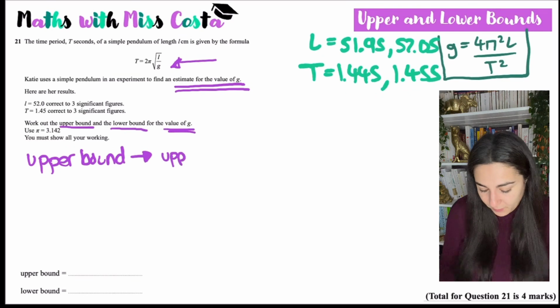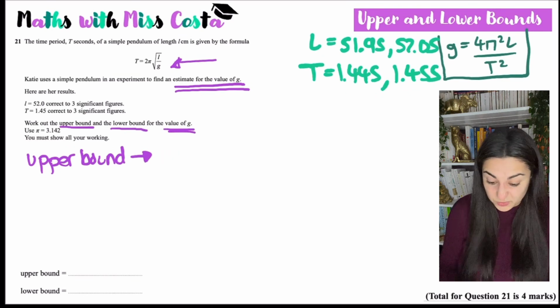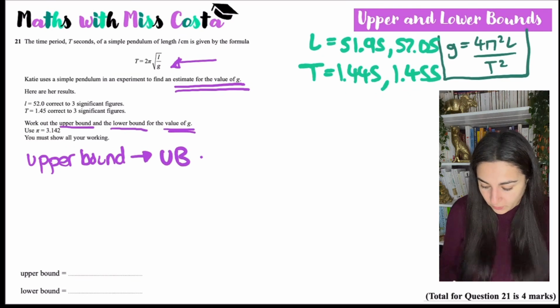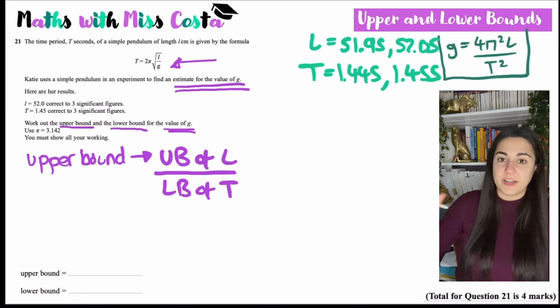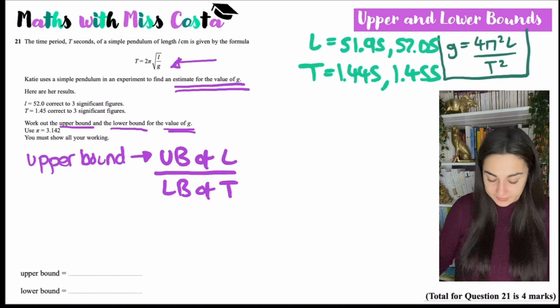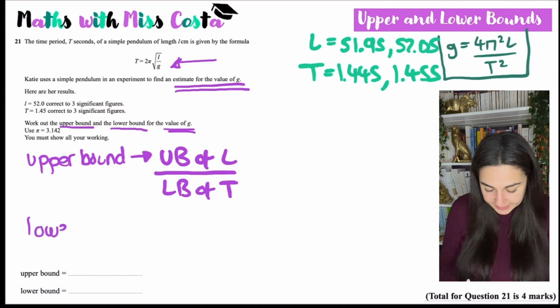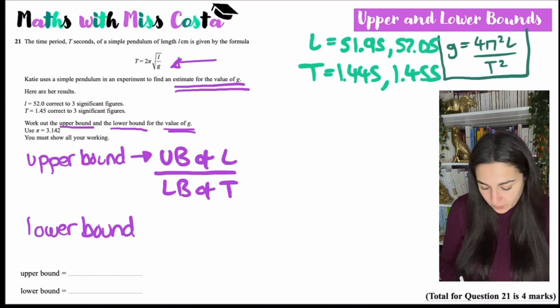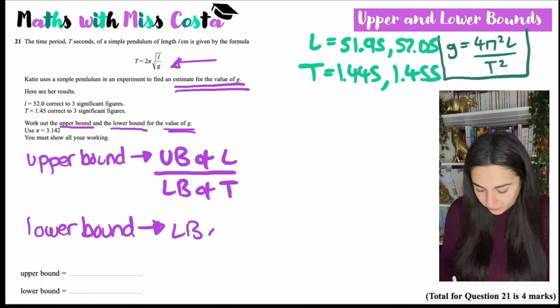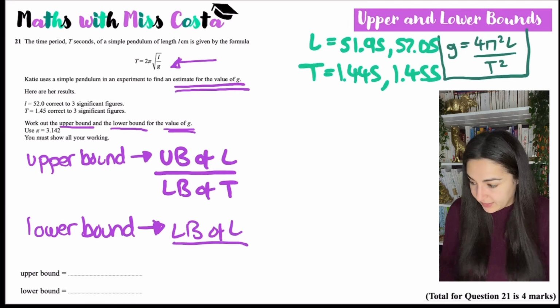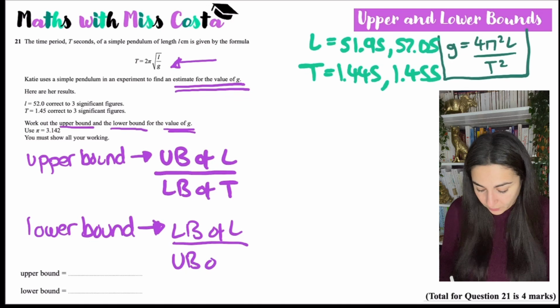So that would be the upper bound, let's write it in short-term slang, upper bound of L, and we want to divide that by the lower bound of T. So the larger the number divided by the smaller the number is the bigger your answer will be. And similarly, to get the lower bound, what we want to do is do the lower bound of L, so the lower bound of the numerator divided by the upper bound of the denominator.